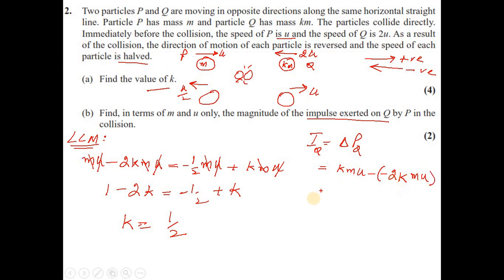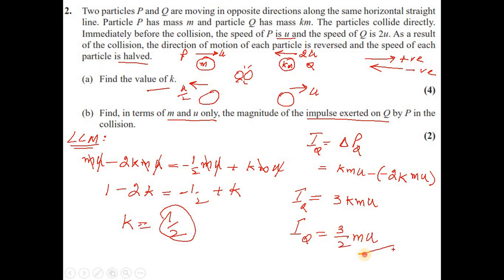Simplifying, it is 3kmu. This is the impulse on Q. But the question says find in terms of m and u only, so you need to get rid of k by substituting its value. So I_Q, the impulse on Q, is equal to 3 by 2 mu.